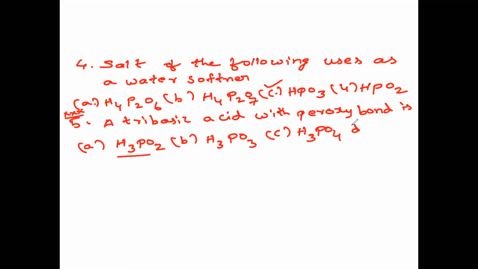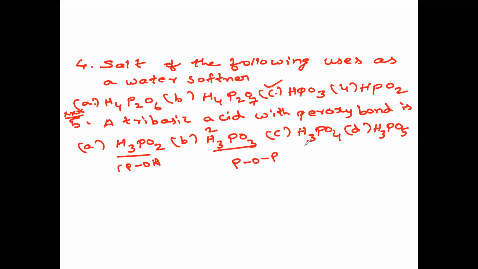And option D, finally, H3PO5. Peroxy bond means POP bonds. H3PO3 has a basicity of 2 because it is a dibasic acid.